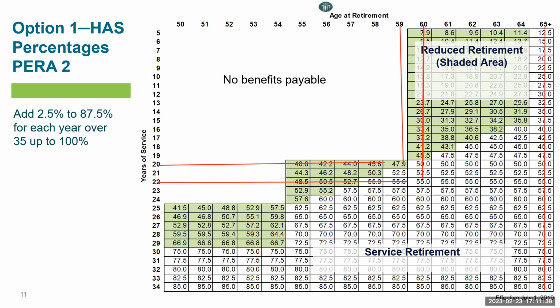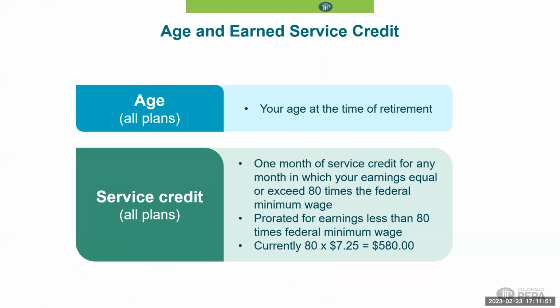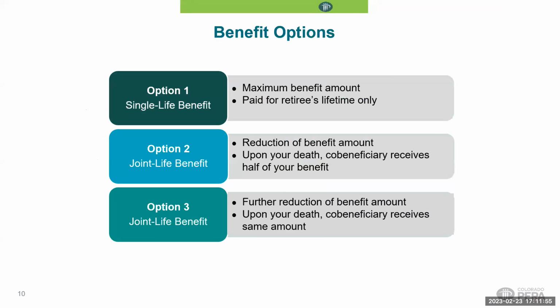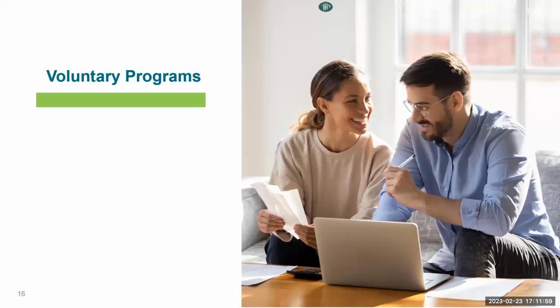The next question I have here is, can we draw partial Social Security with a retirement benefit? When it comes to PERA and Social Security, one thing to understand is that your PERA benefit is never going to be affected by Social Security. You'll always get your full PERA benefit as long as you're retirement eligible.